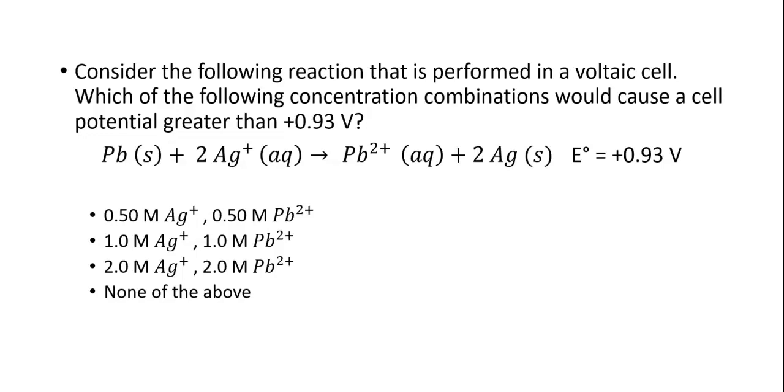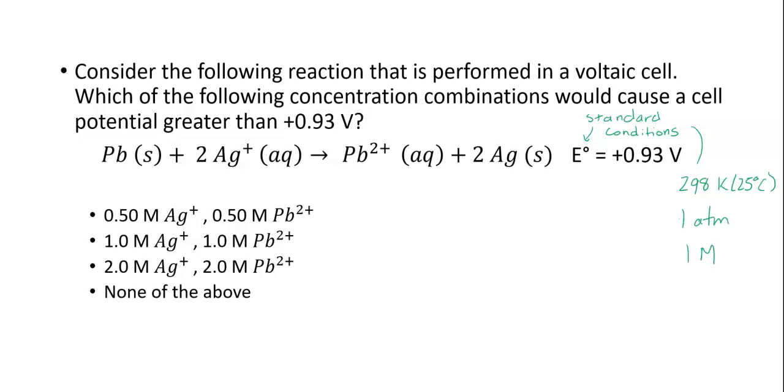So what we're looking at here, we're given the standard cell potential. That's what this little degree sign means, that we're at standard conditions. Which really means we're at 298 Kelvin, which is 25 degrees Celsius, 1 atmospheric pressure, and 1 molar.